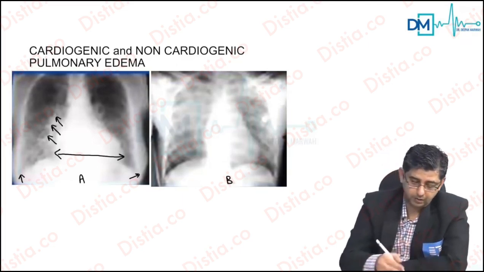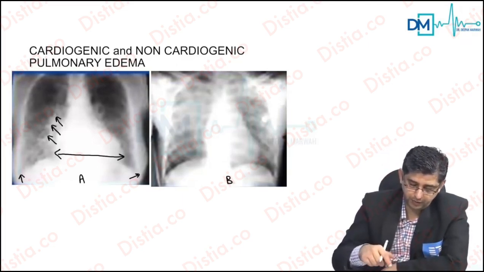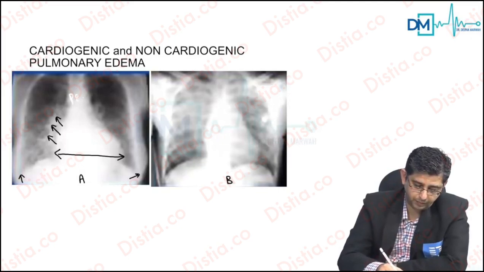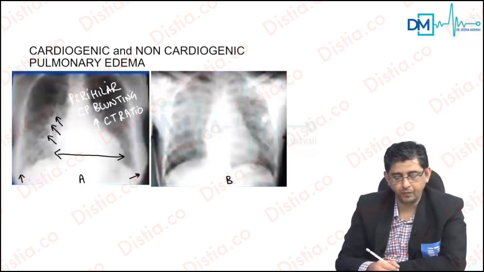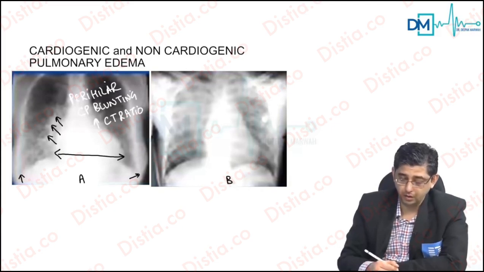Considering the perihilar infiltrates present in this particular image, considering the pleural effusion present in this case, and relatively increased heart size, we will say that this would be cardiogenic pulmonary edema. A would be called as cardiogenic.